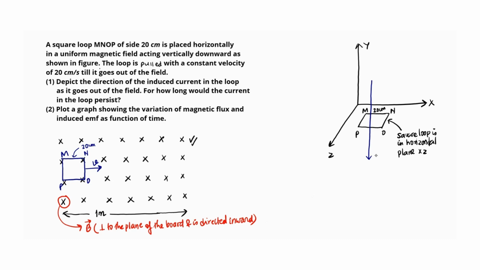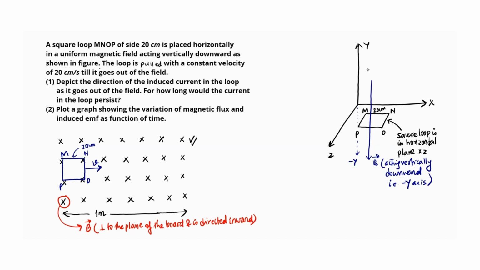So this is the magnetic field acting vertically downward, that is along the negative Y axis. This is the negative Y axis. So we have the magnetic field acting vertically downward.